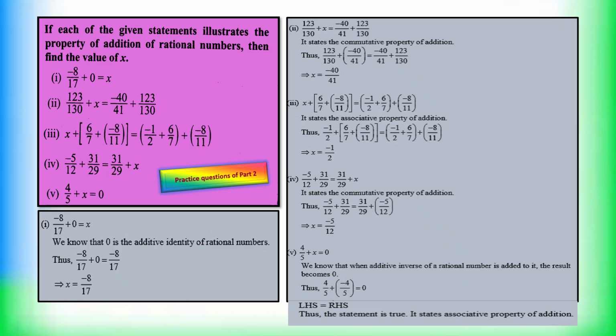A rational number added to 0 is equal to x. So recollecting the law, the value of the x would be the same number given because it is the property of additive identity. We have solved it, writing the reason. So that's how x value is to be written and the reason also has to be mentioned. Moving on to second one.